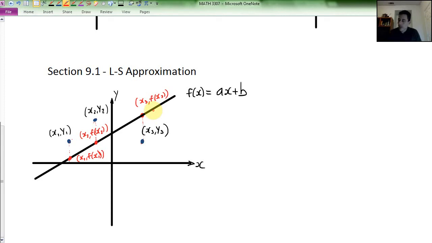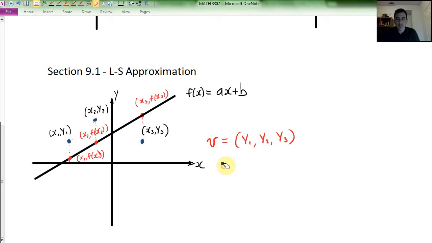Then we're going to calculate the distance. So how are we going to do that? Well, we consider two vectors, the y1, y2, and y3. This is vector v.